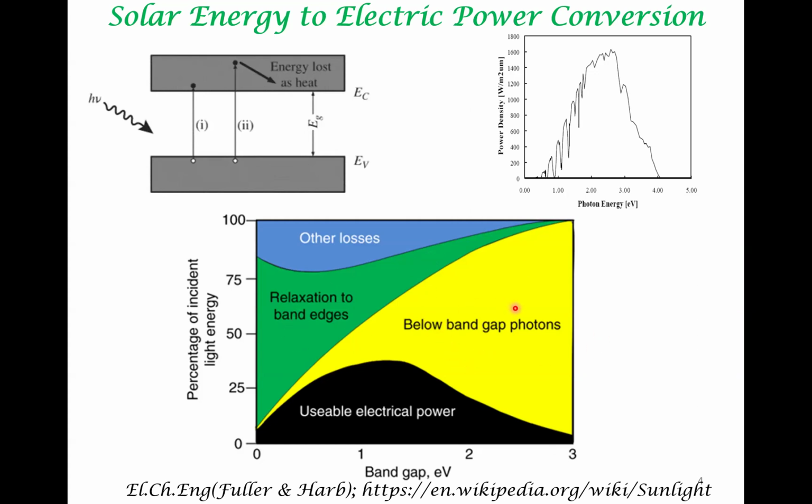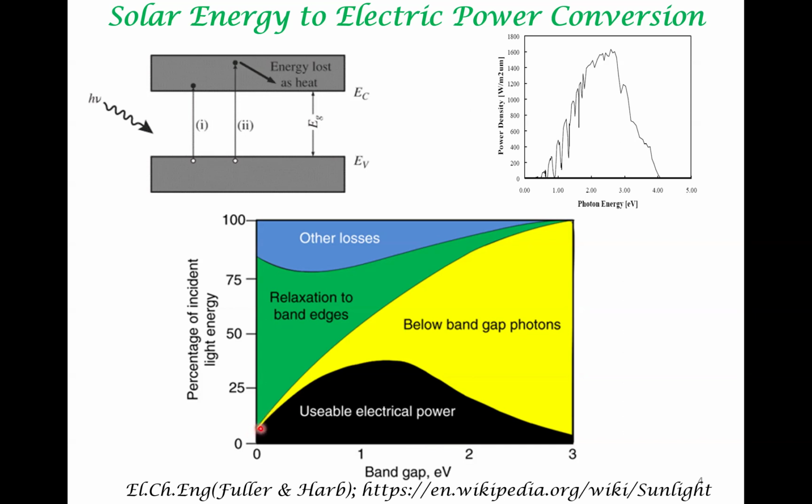So here what is represented is that as you keep increasing the band gap of the semiconductor, fewer and fewer photons have greater energy than the band gap, right? So when you have a small band gap semiconductor, most of the photons can be absorbed.